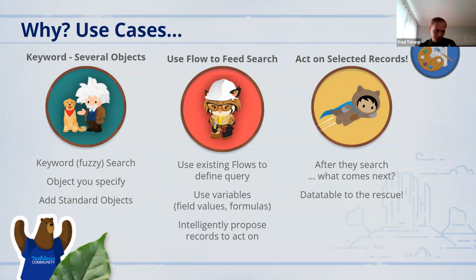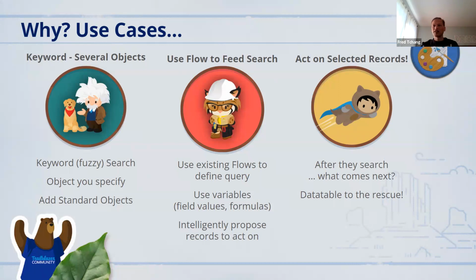For example, if I could have a flow that's embedded in the case page, right? Or any page, I could have a flow embedded there to present different possible related records without the user doing anything.